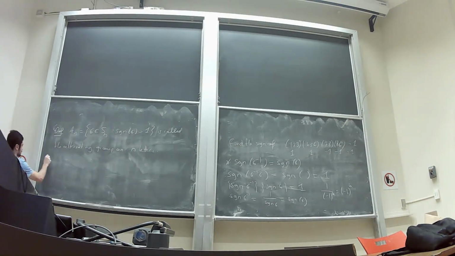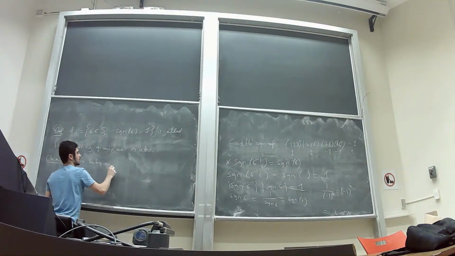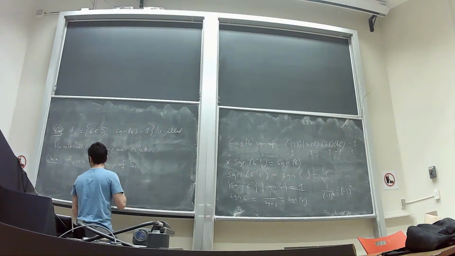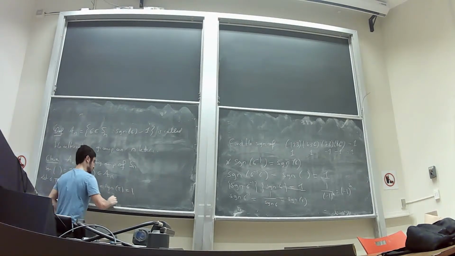Now claim: A_n is a subgroup of S_n. Let's prove first of all that A_n is not empty. This is clear, right? The sign of the identity is 1, so the identity belongs to A_n. Now let sigma, tau belong to A_n. Then the sign of sigma is equal to the sign of tau is equal to 1.